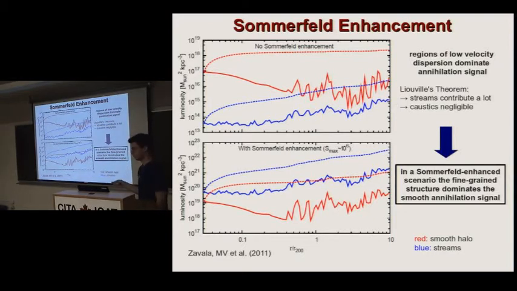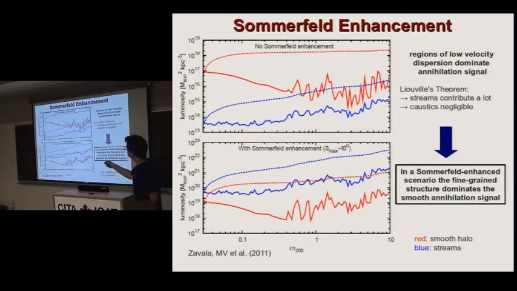So they get a penalty for this high velocity dispersion, and their annihilation radiation will not be as high as in cold regions of the fine-grained phase space. And the cold regions in the fine-grained phase space are essentially extremes, because they have very low densities, as I mentioned before, so their velocity dispersion must also be very low.